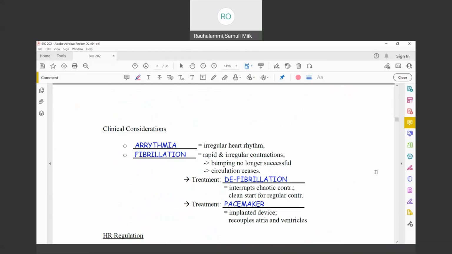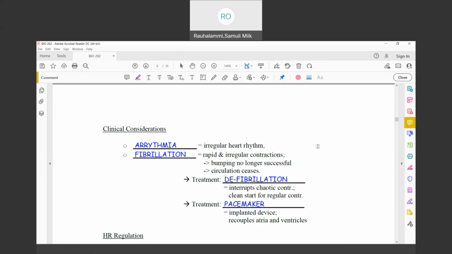And a couple of things can go wrong. We can have arrhythmia, which is an irregular heart rhythm, or fibrillation, which is really rapid, irregular contractions that cause the circulation to no longer be successful, and the pumping of blood through the heart in a controlled, one-directional manner is compromised.